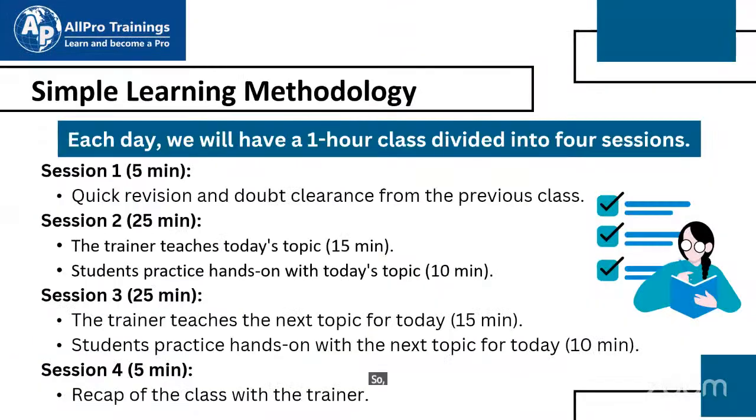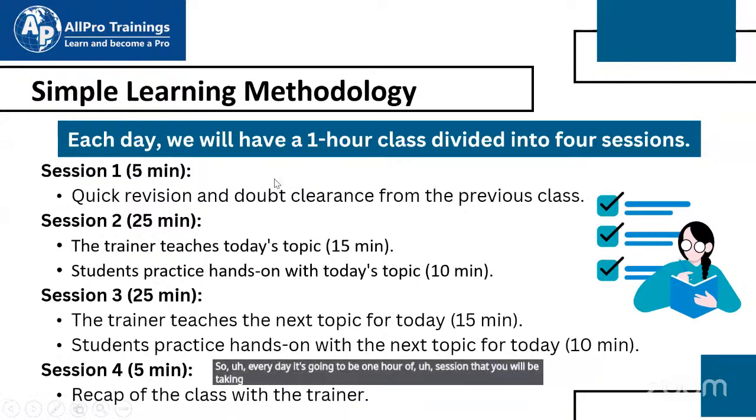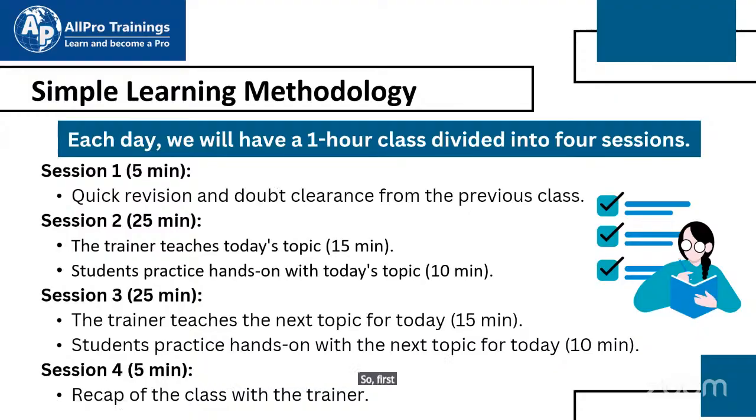Every day there will be a 1 hour session once you enroll for the course. The first 5 minutes will be for revision and doubts clearance. Then for 25 minutes the trainer will focus on a particular topic, and you will be given hands-on work on it.